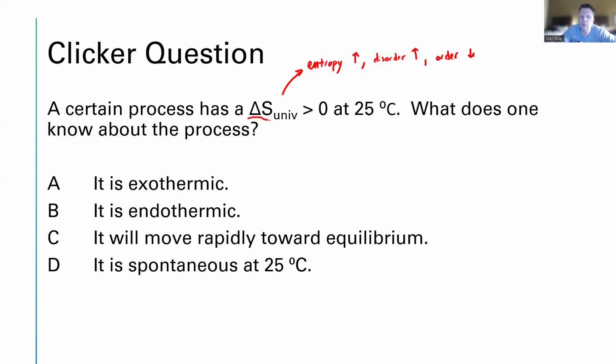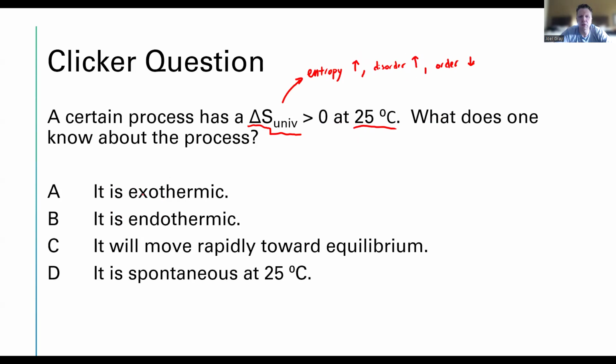Now, this is delta S universe at 25 degrees Celsius. What does one know about this process? Option A is exothermic. Option B is endothermic. Option C, it will move rapidly toward equilibrium. Or option D, it's spontaneous at 25 degrees Celsius. Okay, so we're provided with this delta S universe is greater than zero.